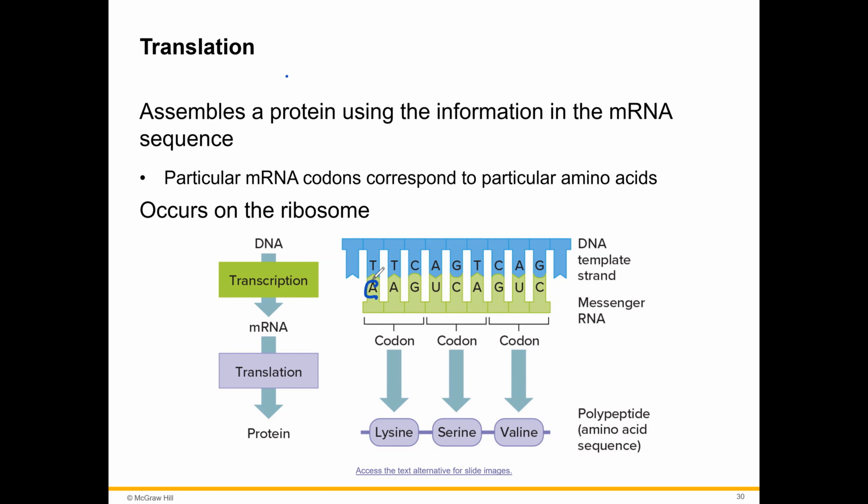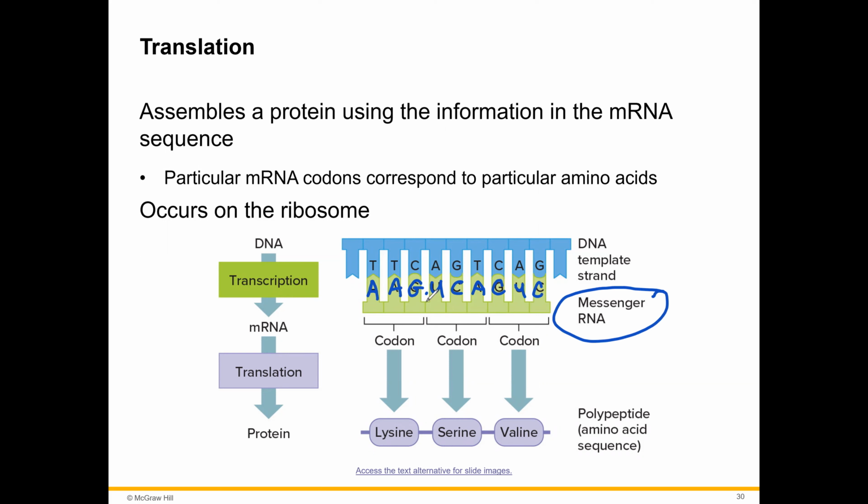We make sure that we put the precise nucleotide. T pairs with A, so here we put A, G, U, C, A, G, U, and C, because they're complementary: T with A, C with G, A with U, G with C, and so on. So that's our messenger RNA.